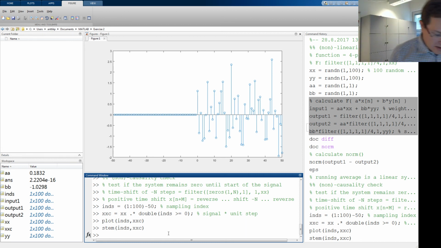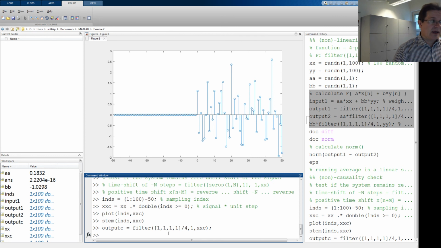So output C equals filter. That's our 4-step running average. And then we have this test signal here. And check if the first elements are 0.